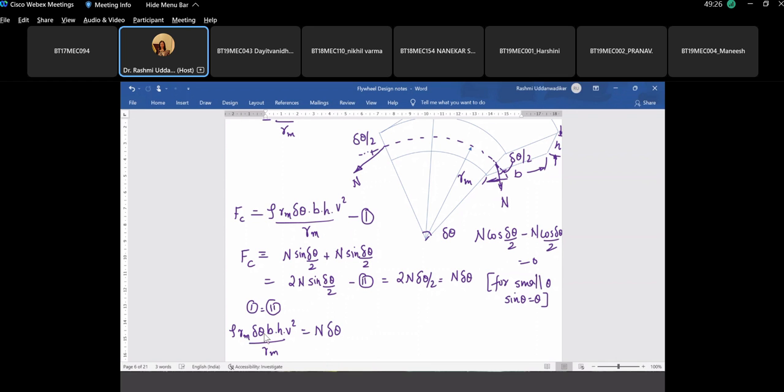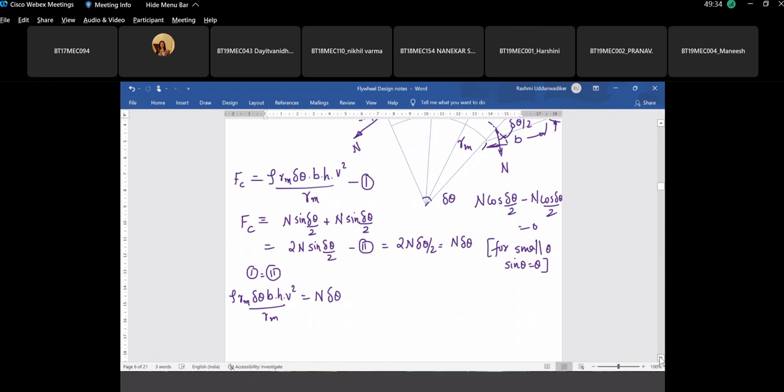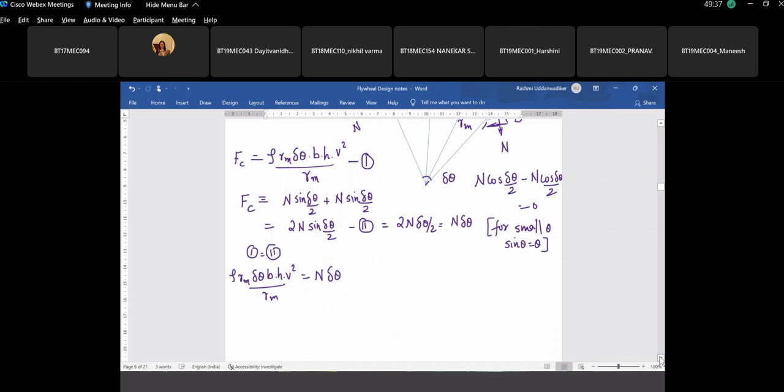So this delta theta gets cancelled, this Rm gets cancelled. So you are finally left with rho v square is equal to N by bh.